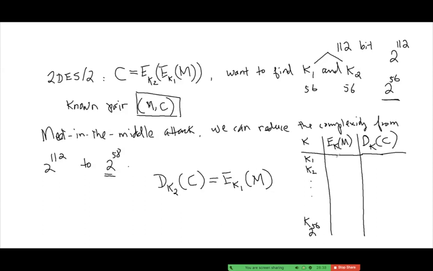To make it easier, by doing this encryption, I get x1 using K1, using K2 I get x2, and then x_2^56. So I apply these many keys on M and get all of these possible outcomes.